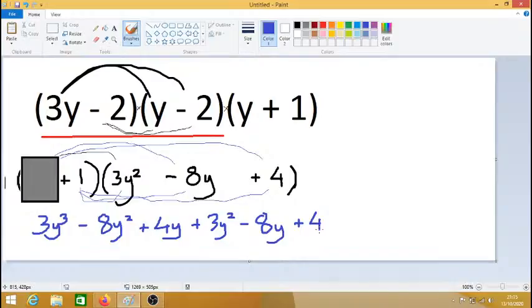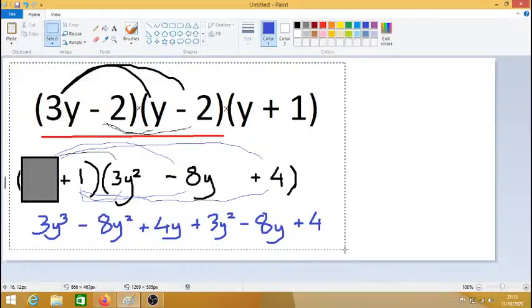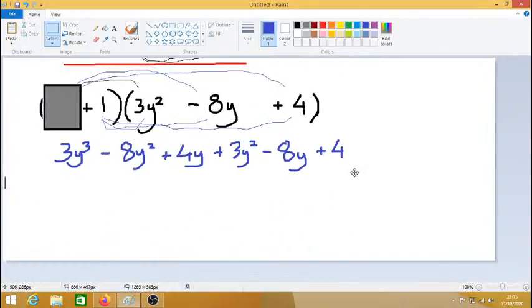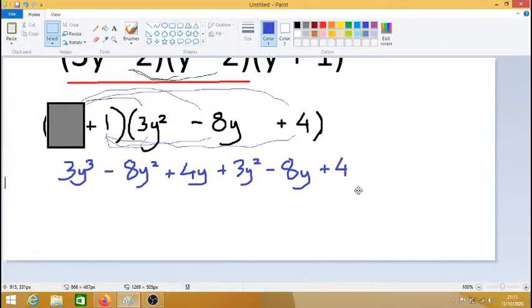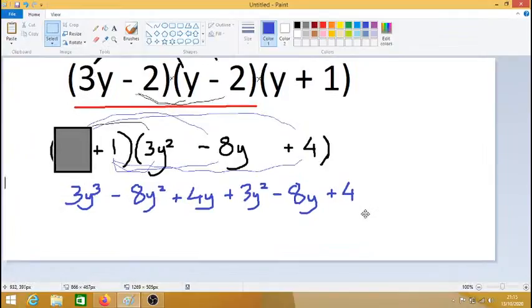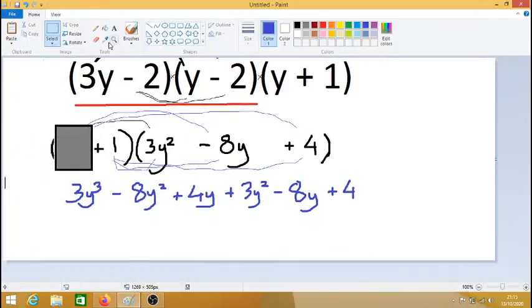Just to make it look a little bit nicer and easier to work with, just try to spot anything that can be simplified. So have a look through, try to spot any y squareds or y's that can be simplified. I'm just going to make a bit of room here. So hopefully you can spot, you've got minus 8y squared, and then a 3y squared can be combined.